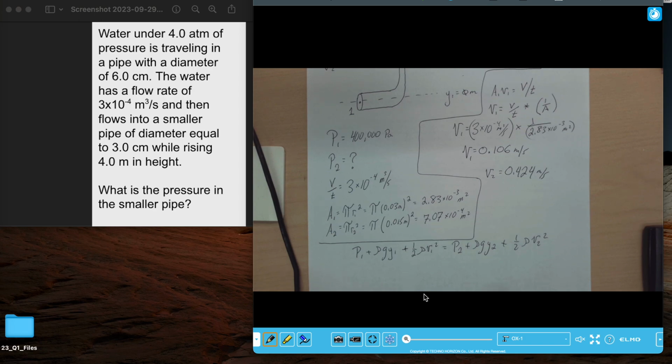And up here, I've taken y1 to be 0 meters, so this will be 0. And I am after pressure 2. So I'm going to just subtract these two items to the other side.